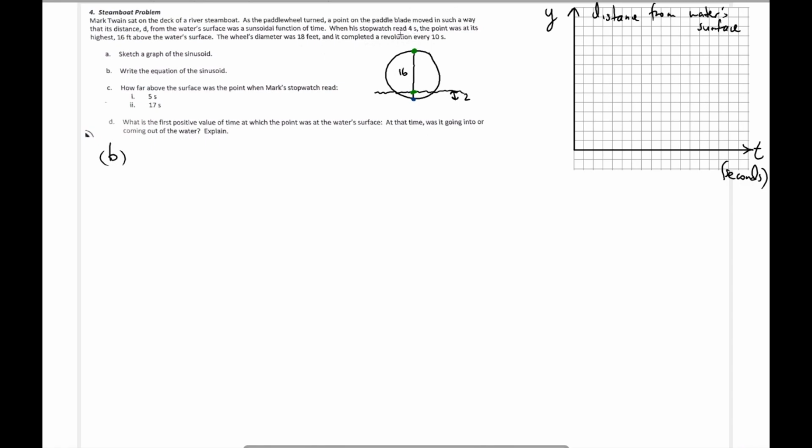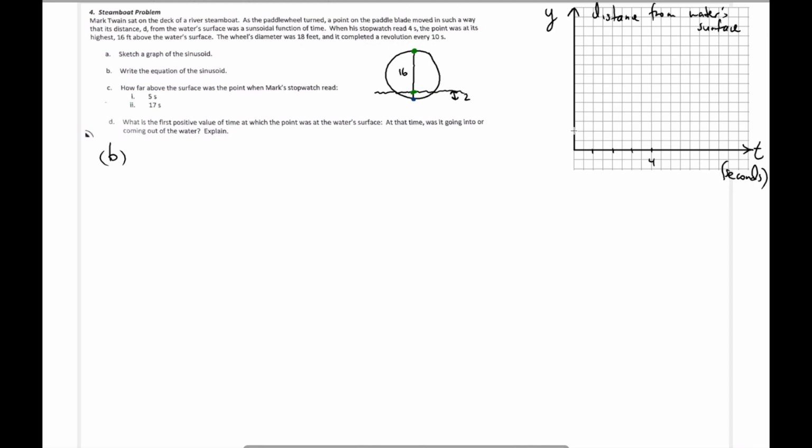At 4 seconds of time t, the distance y is going to be 16. Okay, so we can label this graph as 1, 2, 3, 4. Suppose this is 4. And this should be 16 being max, right?